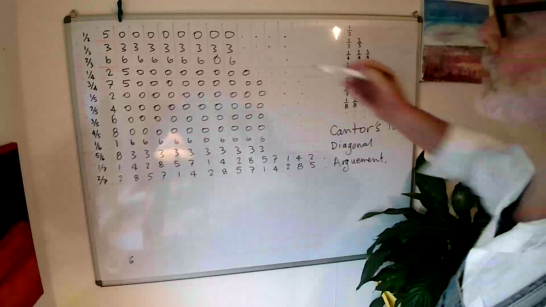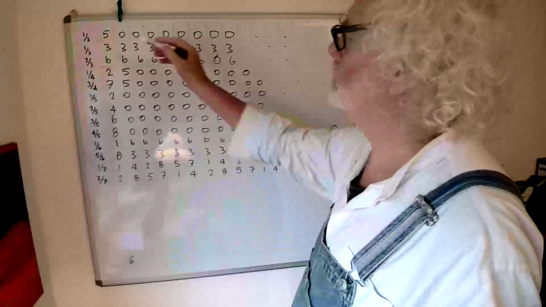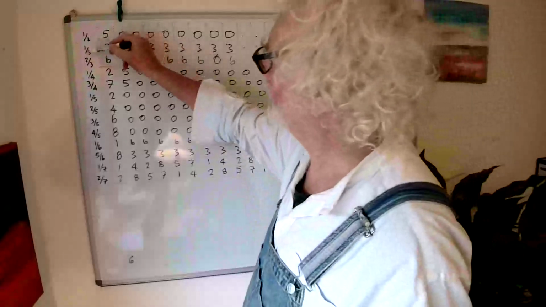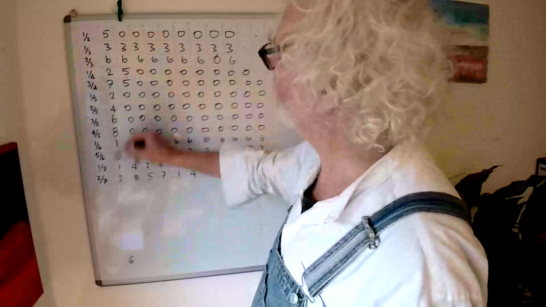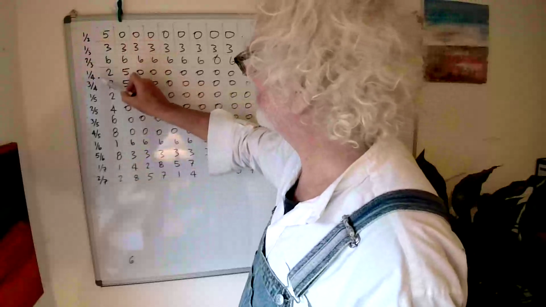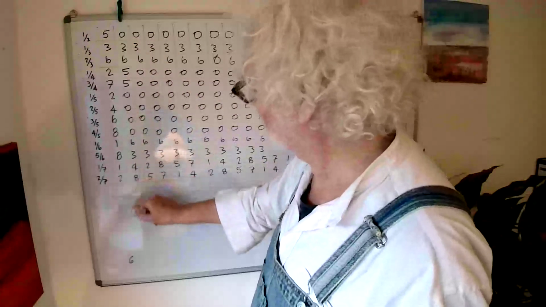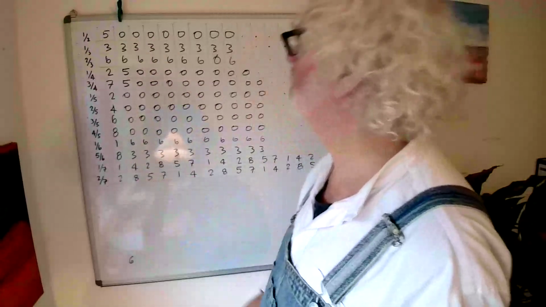And then over here I'm listing them down here. I'm missing out the ones that are repeated. So we've got a half, a third, 2/3, a quarter, 3/4, a fifth, and then I stop. But I could go on.